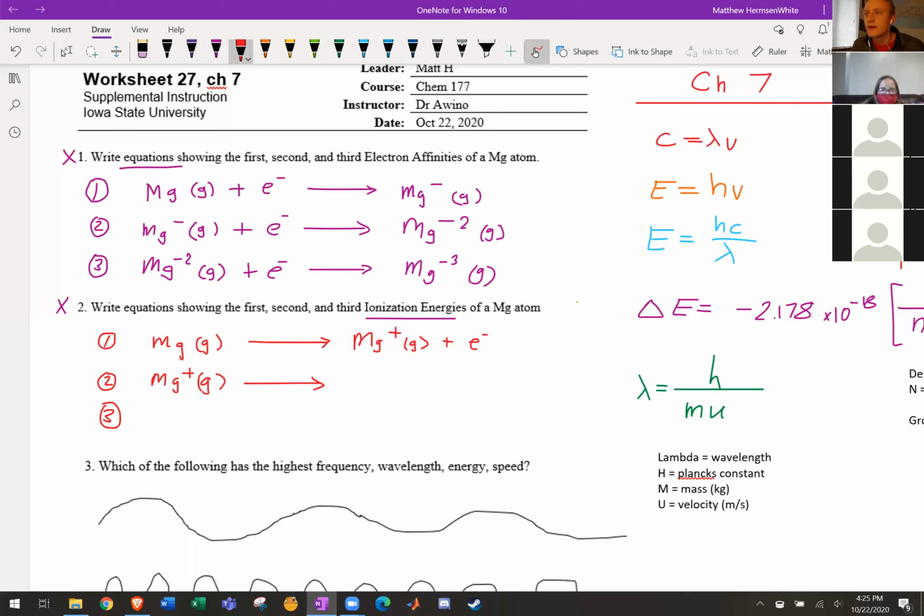Francis asked, does it matter what side we put the negative sign on? Are you talking about the electrons, Francis? Like 2 minus, oh okay, good question.